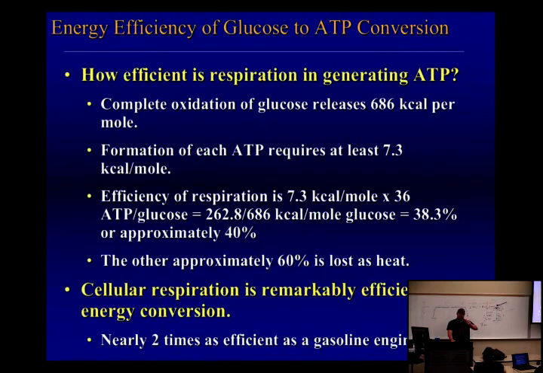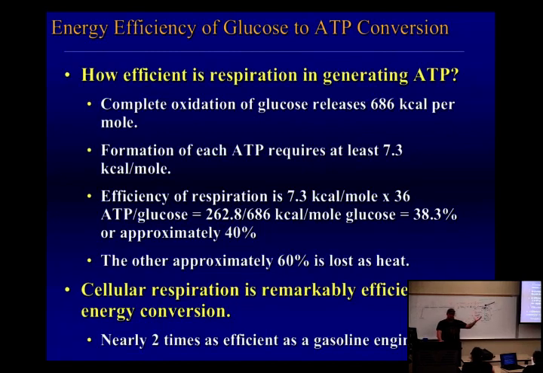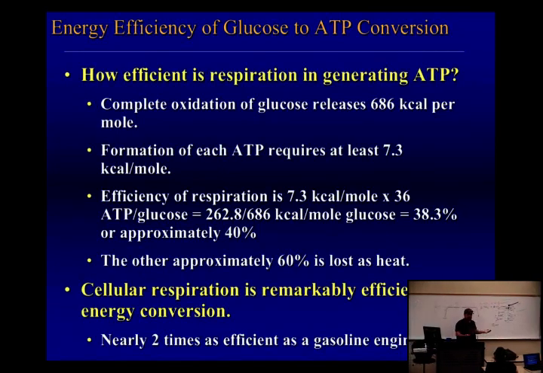Every reaction causes disorder, right? And in our world, that disorder is energy lost as heat, because heat is a random disorder of energy. So you're always going to lose some energy to heat, whether it's driving a car or burning glucose in your body. So the question is, how much energy have we lost?